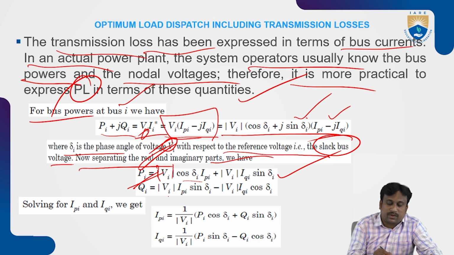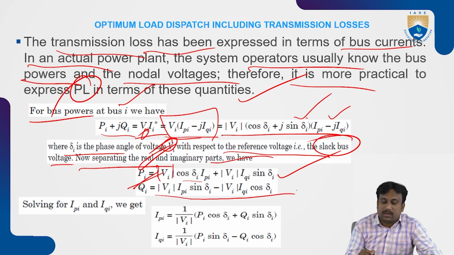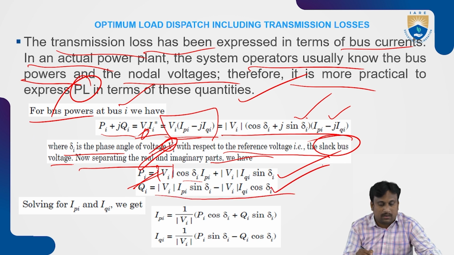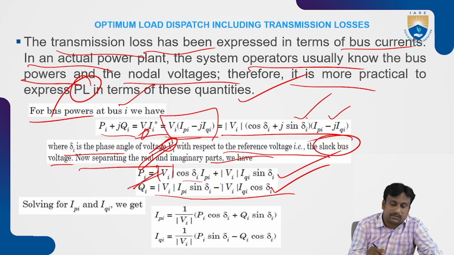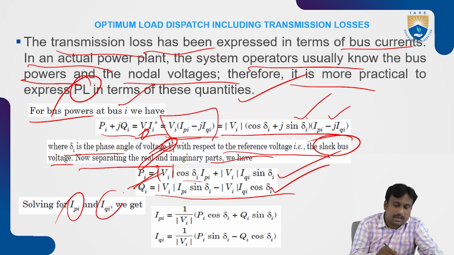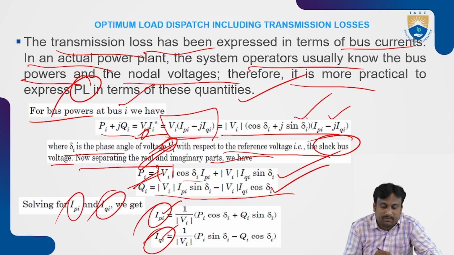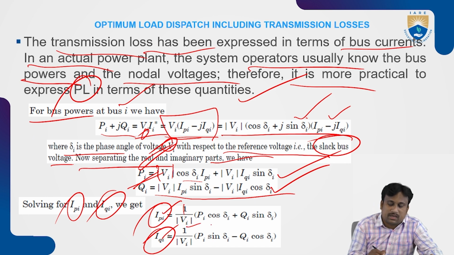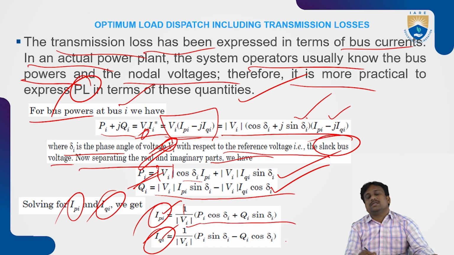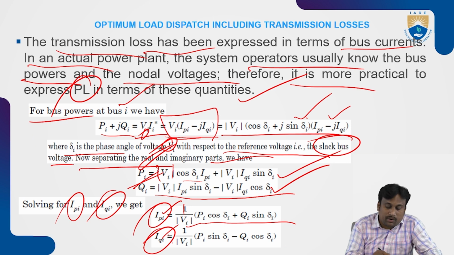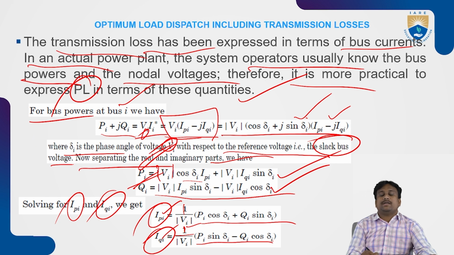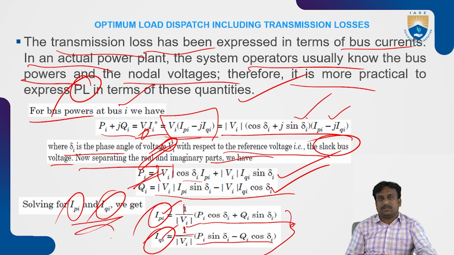Similarly, Qi equals Vi IPi sin delta i minus Vi IQi cos delta i. Solving for IPi and IQi, we get IPi equals 1 by modulus of Vi (Pi cos delta i plus Qi sin delta i), and IQi equals 1 by Vi (Pi sin delta i minus Qi cos delta i). These are the two currents we obtain by solving these expressions.